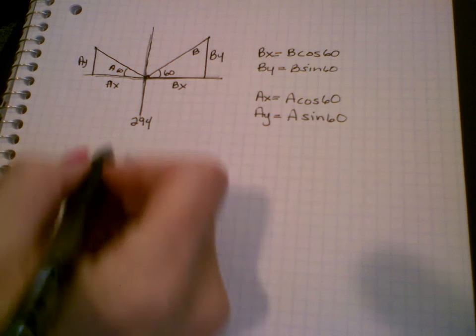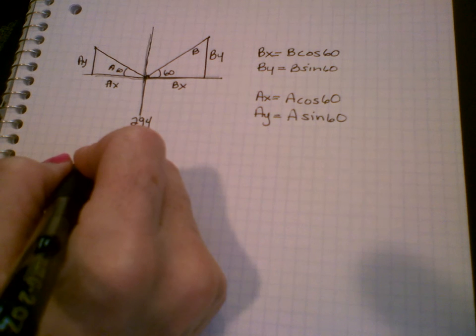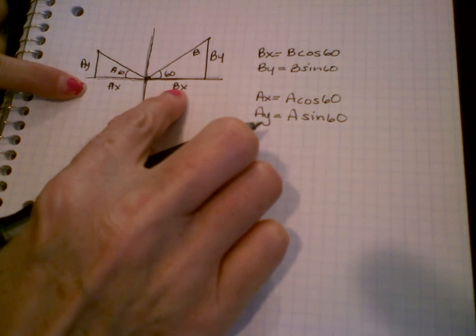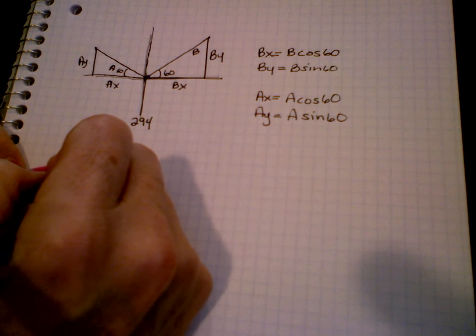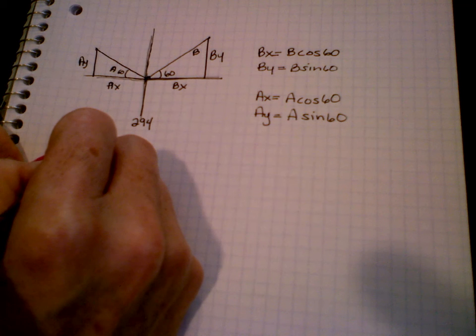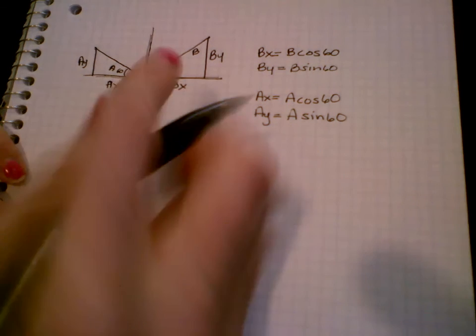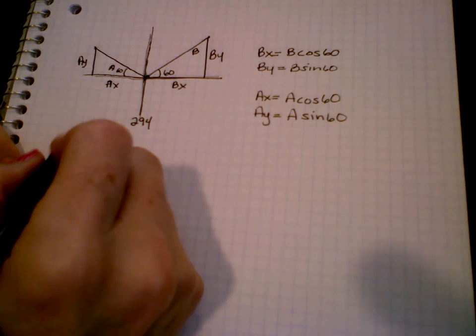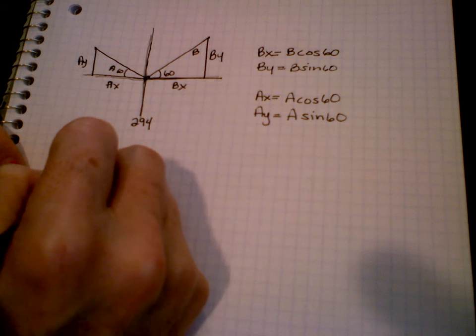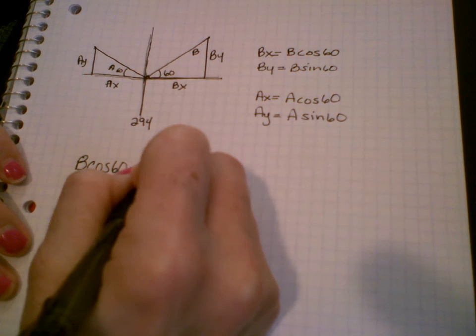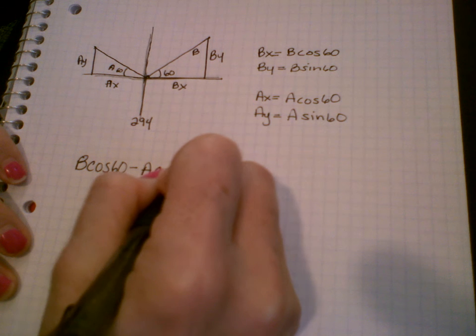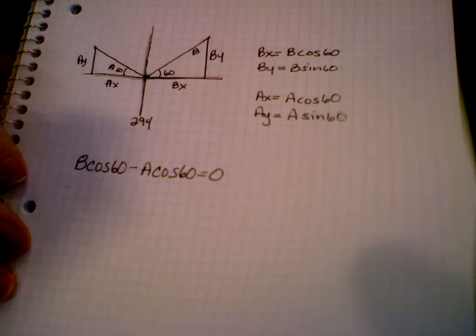Okay, so then when we add these together, our x components are opposite in direction. So you'd have to say, this is negative, that's positive. So I'm going to go with b cosine 60 minus a cosine 60 equals 0.